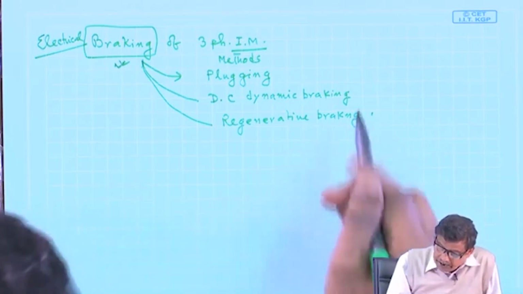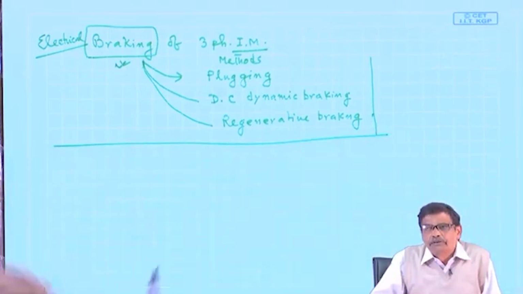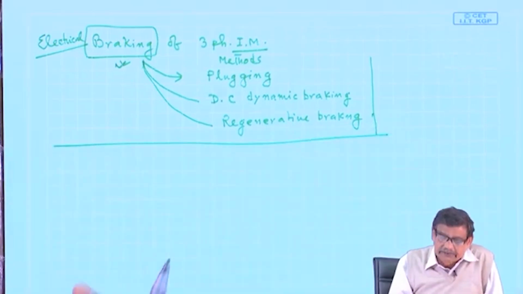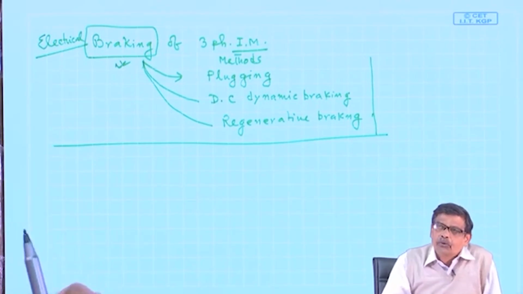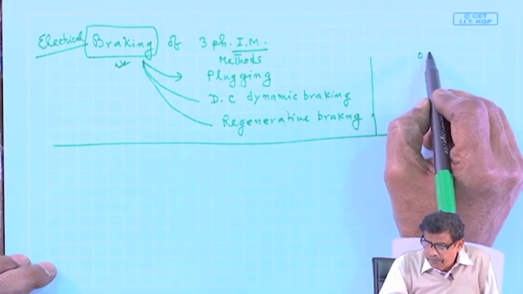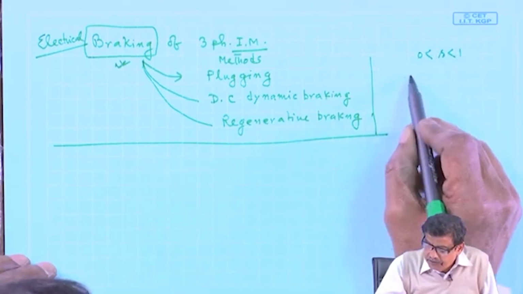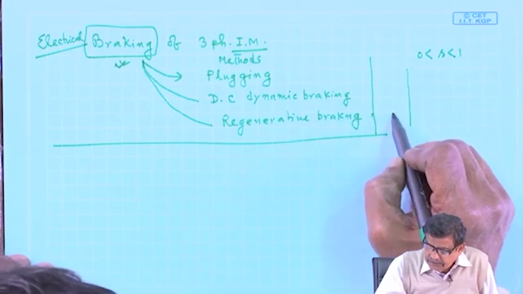Before I discuss this, so far I have drawn the torque slip characteristics as the motor mode and told you that slip can be between 0 and 1. You recall this.